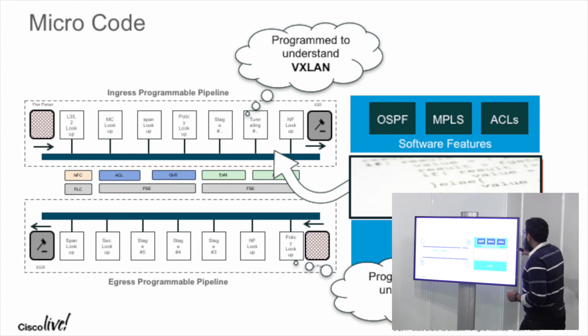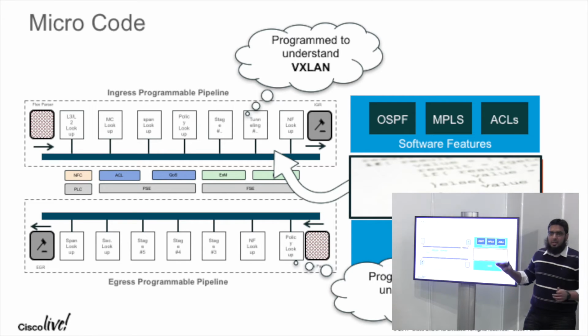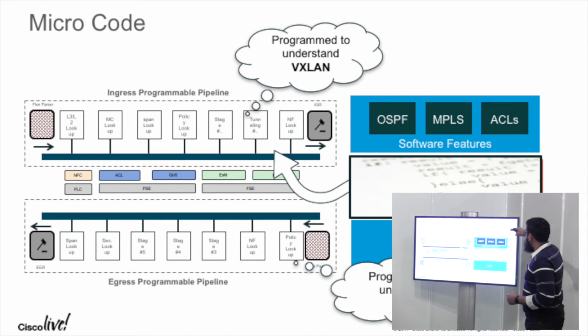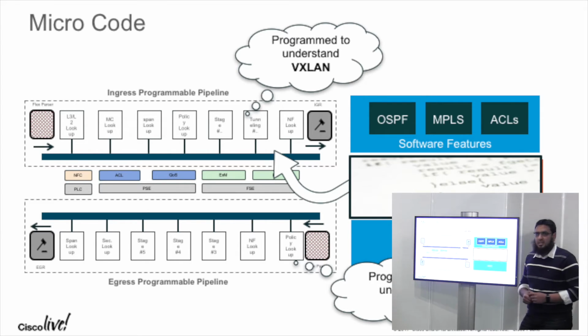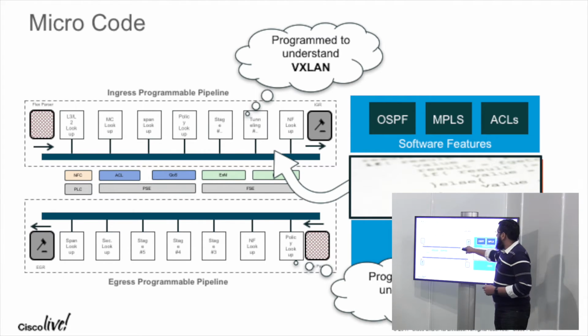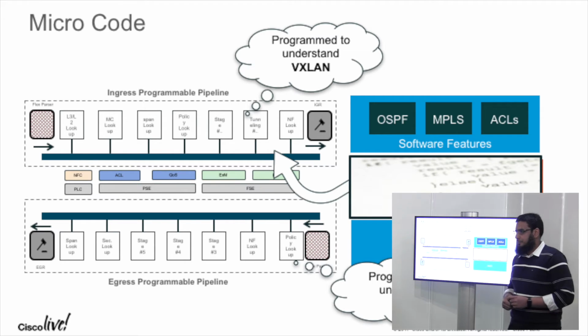And then on top of the microcode, we have the different software features like OSPF, MPLS, ACL, CoS, all of those different features that the users can actually use that are sitting on top of the microcode. When we want to enable a new feature, like VXLAN, for example, we go and program the microcode so that it can handle that packet in the programmable pipeline.